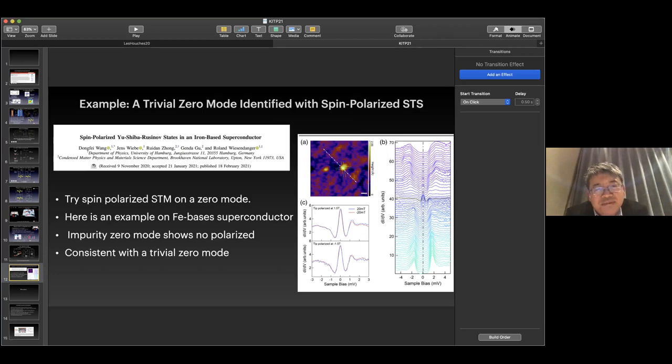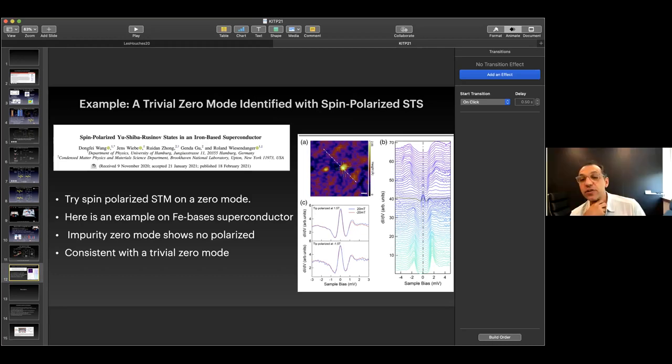We strongly suspect this; we actually discussed it with Dongfeng, and he seems to agree. But there's also some type of true zero mode, which will not split in the magnetic field. That we believe is possibly a Majorana zero mode for the so-called quantum anomalous vortex.